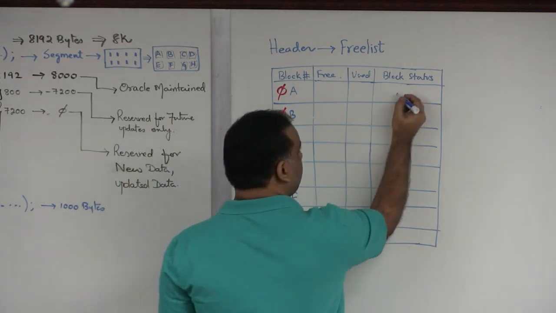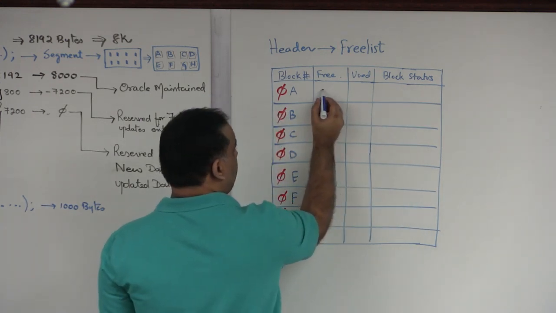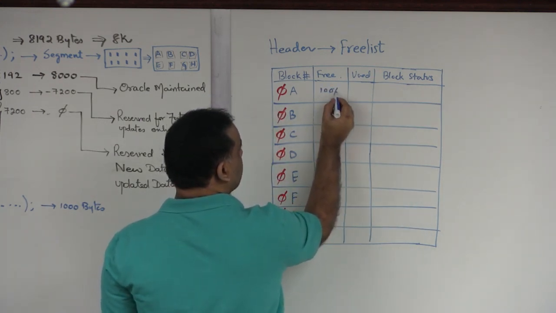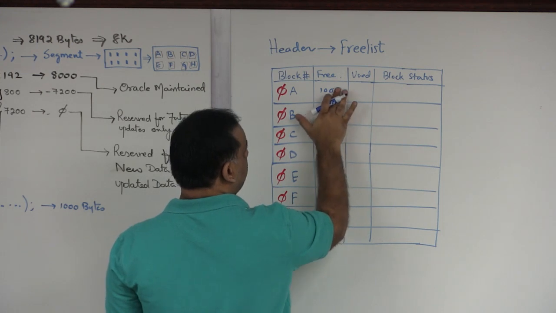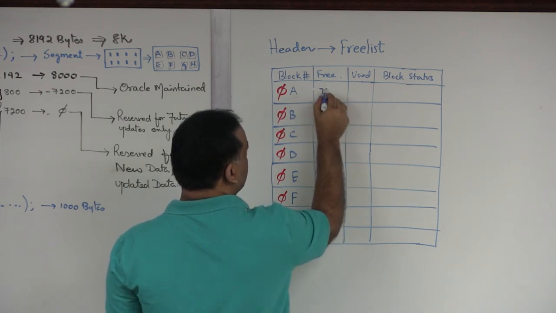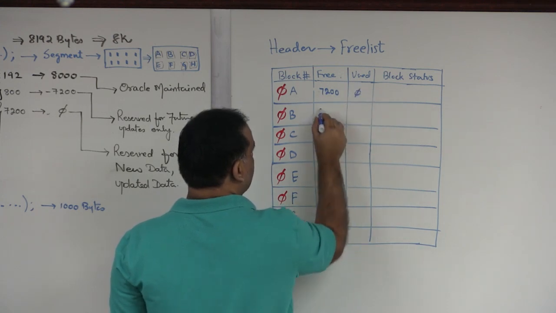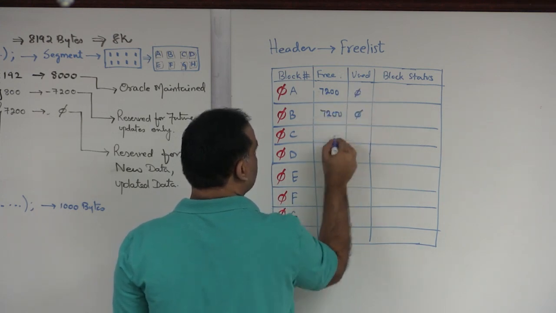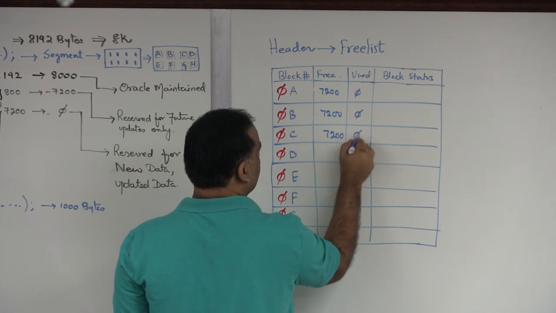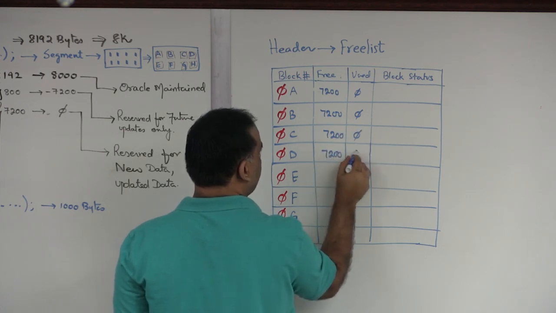Okay. Now obviously the very first time it is 100% free, right? Let's say 7200 free, and used is 0.